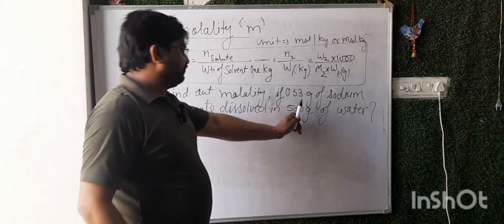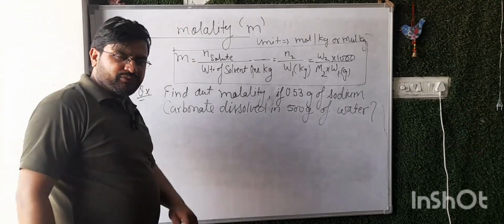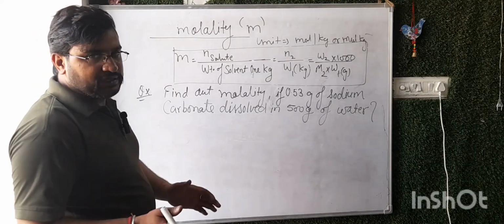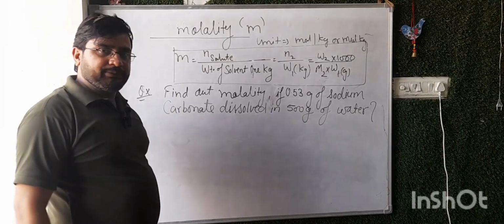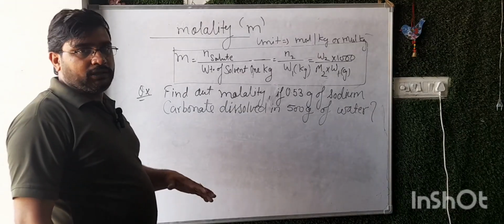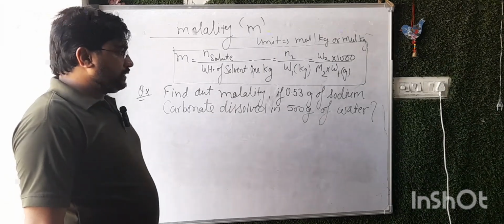To find out the molality, 0.53 gram of sodium carbonate is a solute, and be careful, water is a solvent, water is not a solution. Why? Because the solution has two parts. First part is solute and second part is solvent. The solvent is that in which the solute dissolves, and the solute is present in the lesser amount.